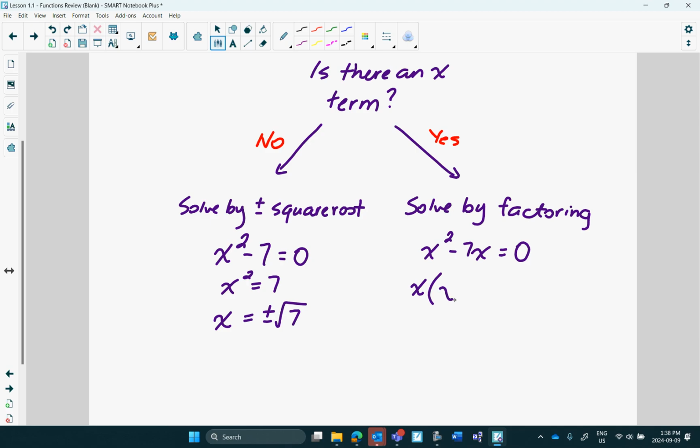And then set each factor equal to 0. So if I set this one equal to 0, well, that's easy. x equals 0. If I set this one equal to 0, and you don't even have to write this step, x will be what?